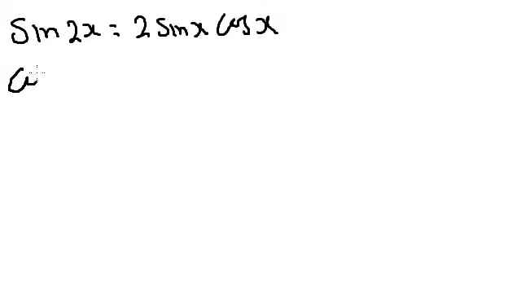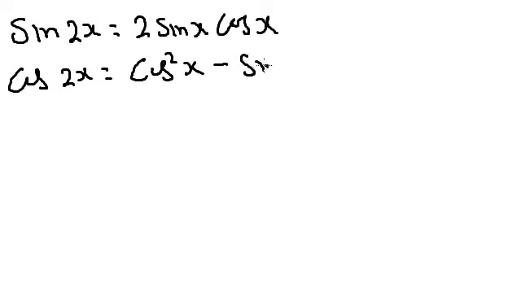Similarly, the cosine of 2x is equal to cosine squared x minus sine squared x. In trigonometry, we call these identities double angle formulas. So please make sure you keep that in mind.